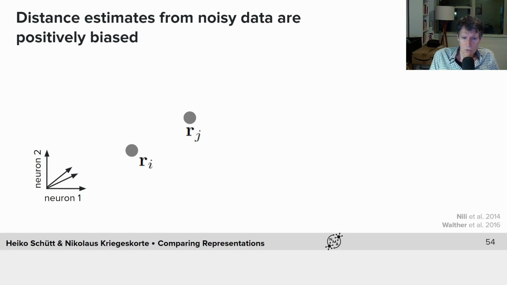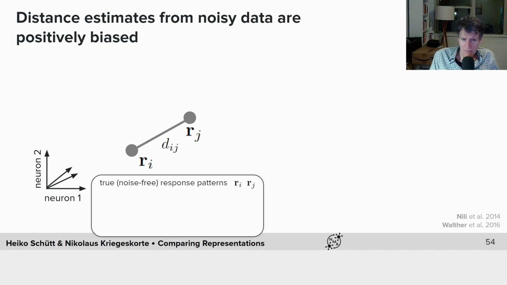So let's think this through in a little more detail. We have two response patterns here, Ri and Rj, and these are the true noise-free response patterns. So we would like to estimate this true distance, the length of this gray line, Dij. However, we don't have access to these true response patterns. We just have measured brain activity data. So we have estimates that are affected by noise.